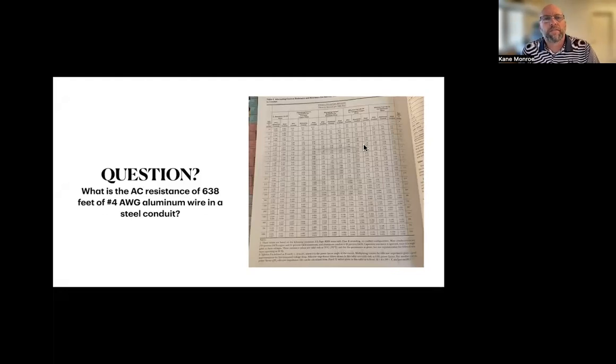They go to 310.15 and that's not where you need to go. Maybe you'll go to Chapter 9, Table 8 for resistance. That's still not the place to go. So those test questions are trying to trick you up a little bit to see if you really know the code book. So what we're going to do is open your book up to Chapter 9, Table 9.